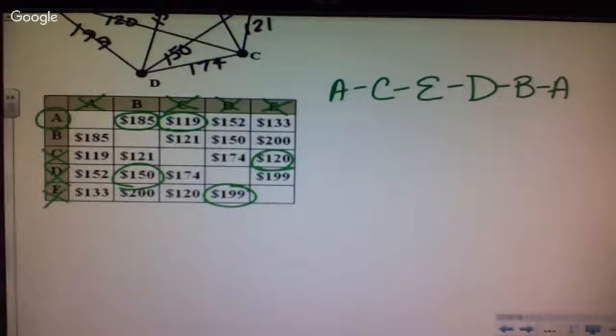So you'll circle them in the chart. Add up all the numbers we've circled now. What does that give us for a total?